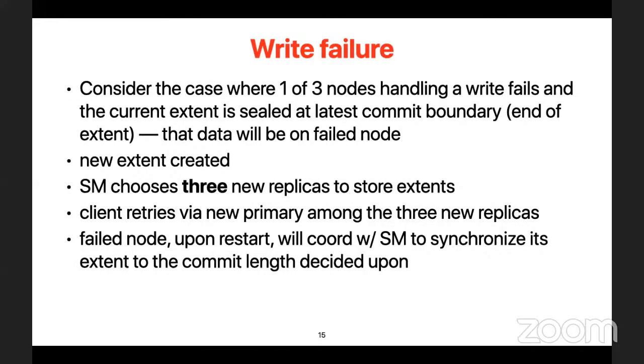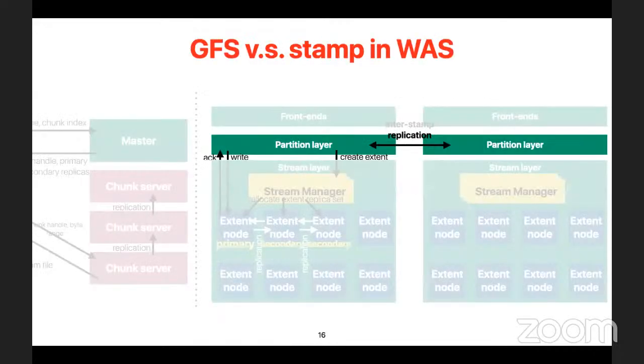So that's something Windows Azure is doing a better job on than Google, because we have the sealed extent, which is stored and replicated everywhere, and we just keep growing it, so we can always find a sealed extent somewhere. So this is how the sealed extent helps address the strong consistency issue.